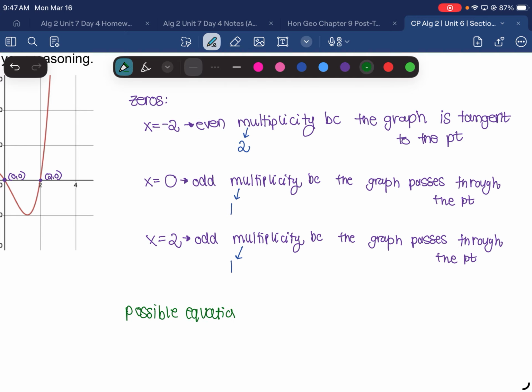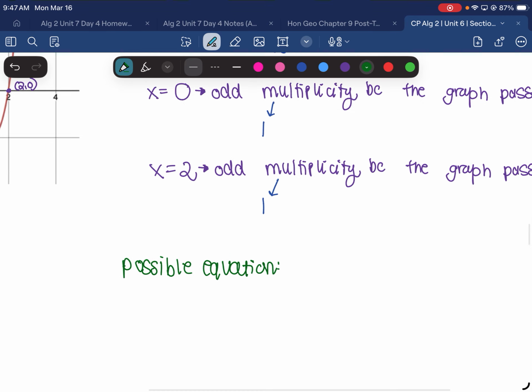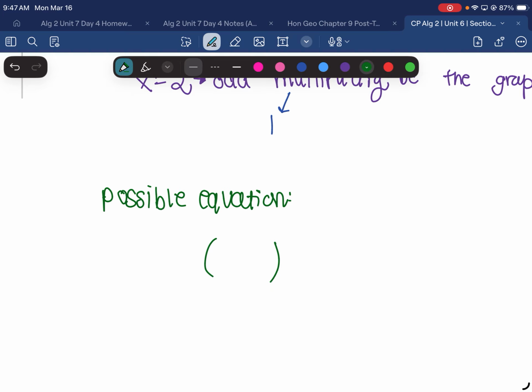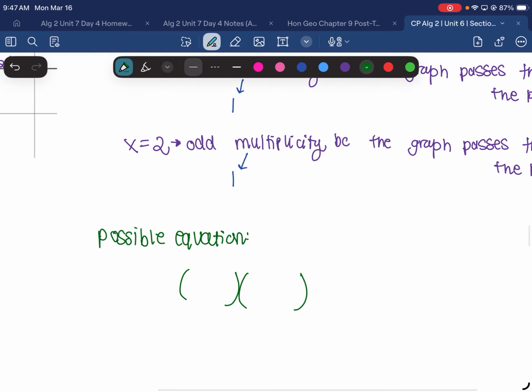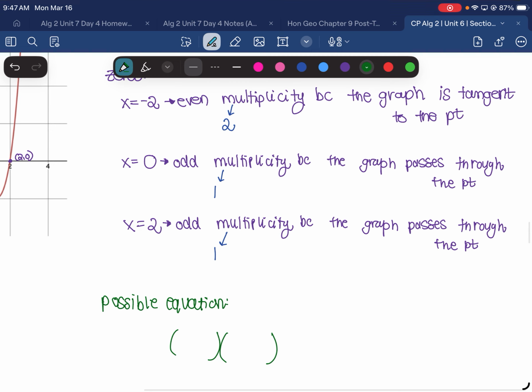In factored form. Do you remember what we did with those zeros, what we did with those numbers when we put it in factored form? Factored form looks like this. Like x plus something, x minus something. What did I do with -2, 0, and 2 when I put it in factored form?